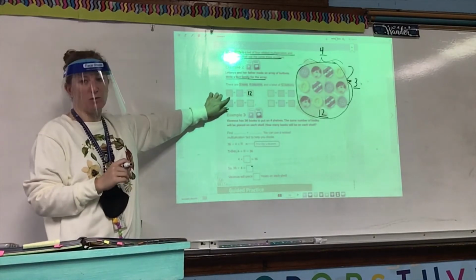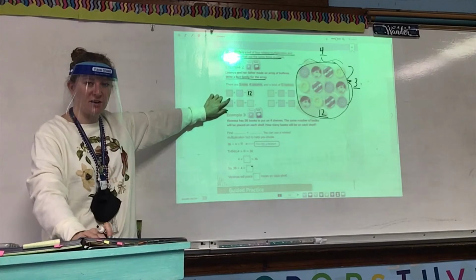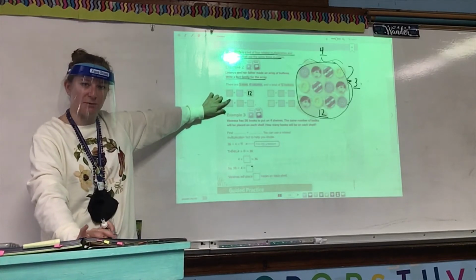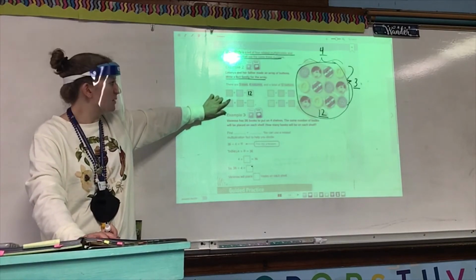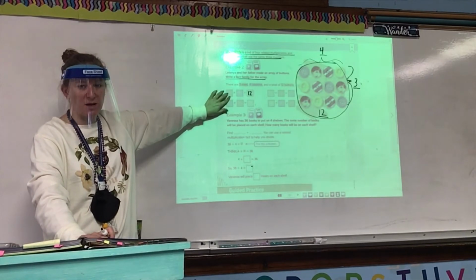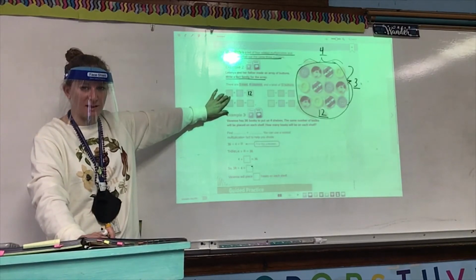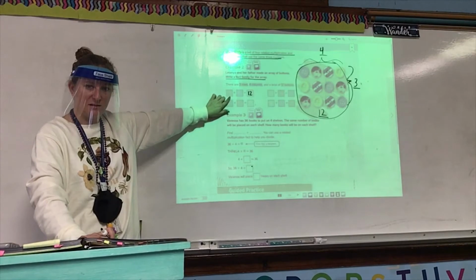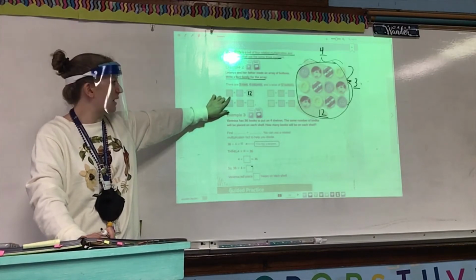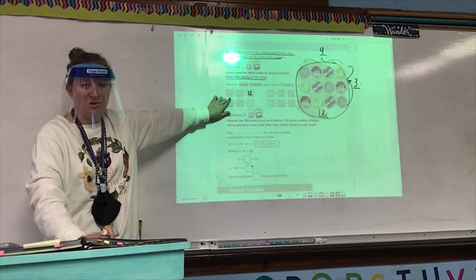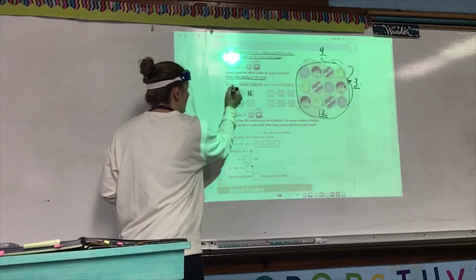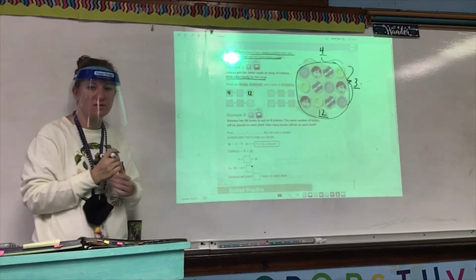Now for this first one, would you like to start with the rows or the columns? Does it matter which one you start with? No. So for this first multiplication problem, which one would you like to start with? The rows or the columns? Columns. How many columns are there? 4. Now are we going to multiply that by the number of columns or the number of rows?